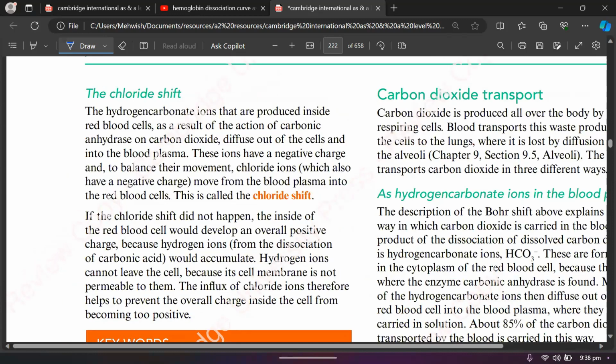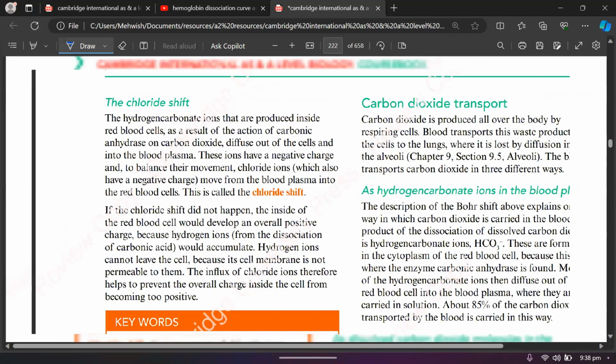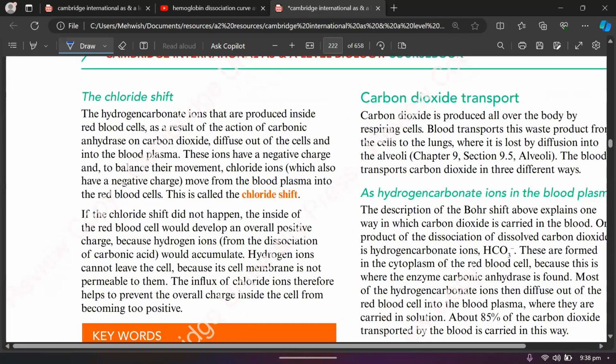This is a very important topic, right? The chloride shift basically helps in keeping the negative charges balanced outside and inside the red blood cells. This is important to remove overall positive charge from inside, because if the hydrogen ion concentration increases inside the red blood cells, this may cause more positive charge on the inner side of the red blood cells.